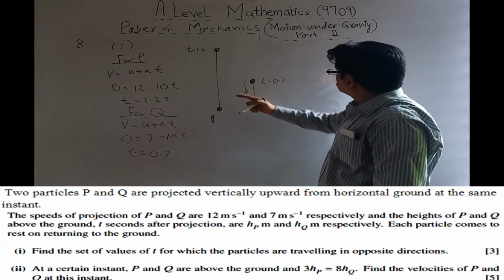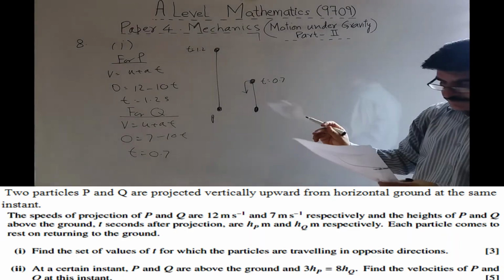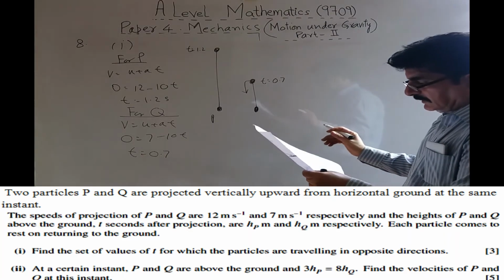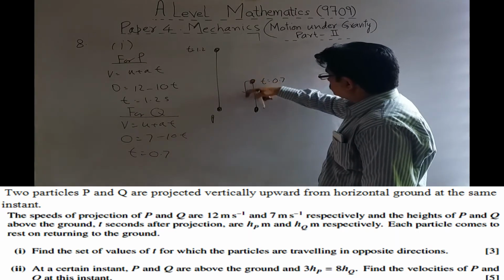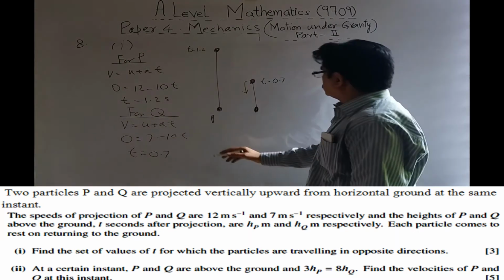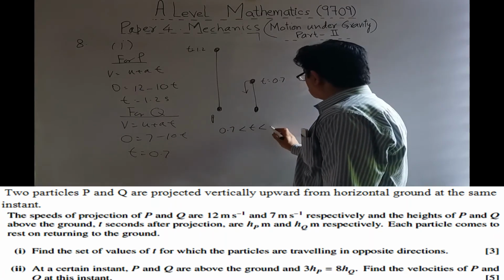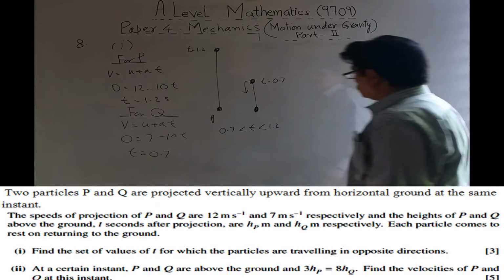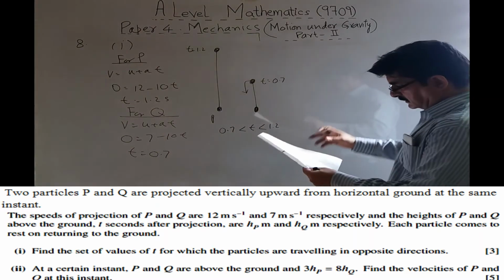Read the question: the set of values of t for which the particles are traveling in opposite directions. So after 0.7 seconds q will be moving downward, p will be moving upward. So your time is from 0.7 to 1.2 seconds. For this time they will be moving in the opposite direction.